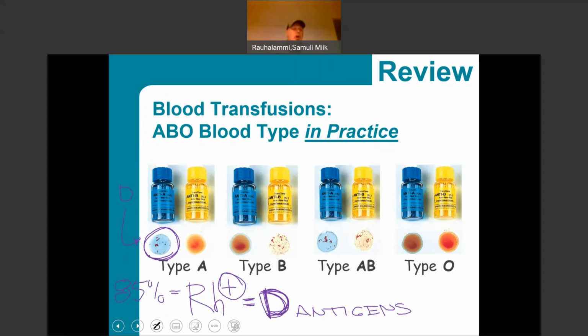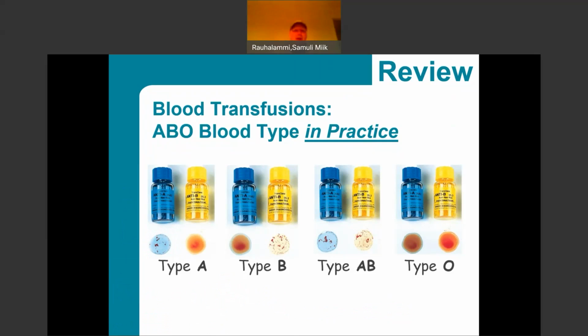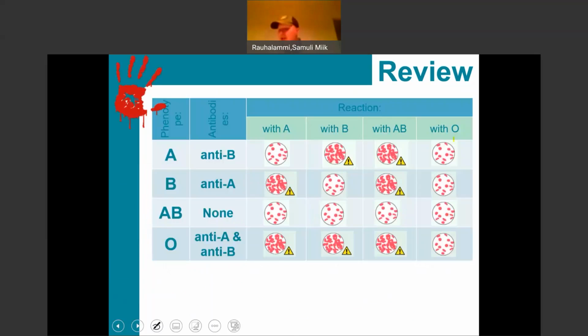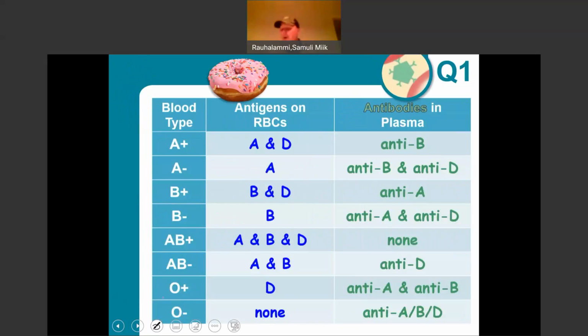So now that you did those 3 tests, that allowed you to define whether you were blood type A, B, AB, or O, and whether you were Rh positive or negative. So that was the big thing that I wanted to do with you as your hands-on lab part. What I want to do next is to have a look at a few of these combinations of questions that I asked you on the worksheet.